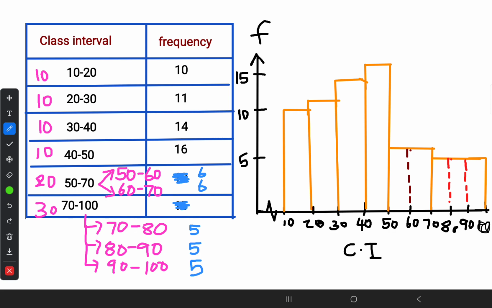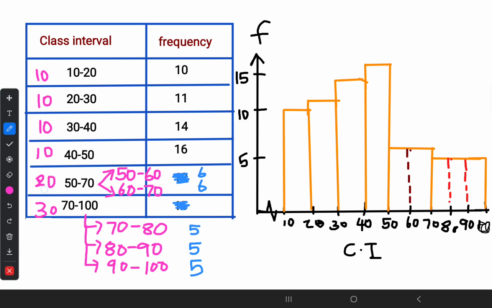That's why here also we have split this combination of two intervals separately, and accordingly the frequency is also evenly distributed. Thereafter, in the last case, 70 to 100, the class width is 30. So that's why 70 to 80, 80 to 90, 90 to 100, there would be 3 individual intervals together producing this combined interval. And this total frequency 15 was split between them, 5, 5, 5 each.